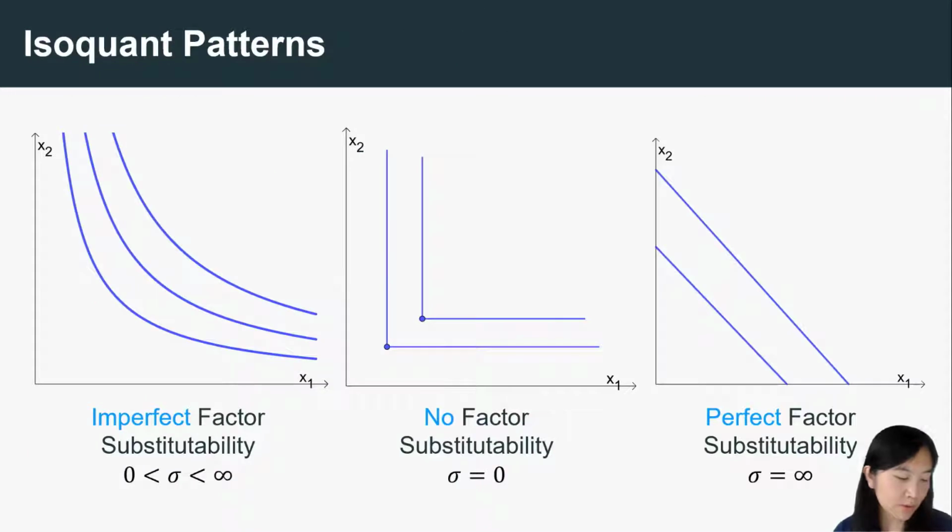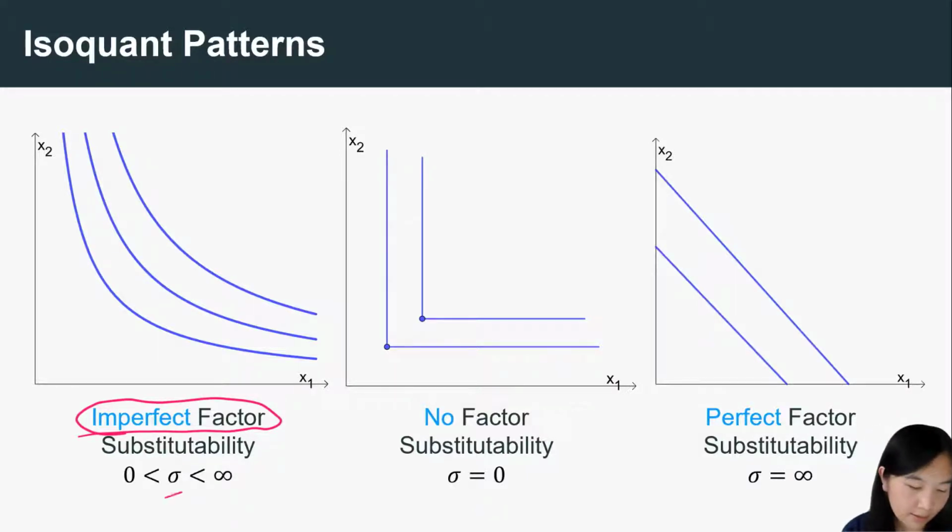So use the example that we have used before for the three different isoquant patterns. The first one, when the two factors cannot perfectly substitute each other, then this one is between 0 and infinity.